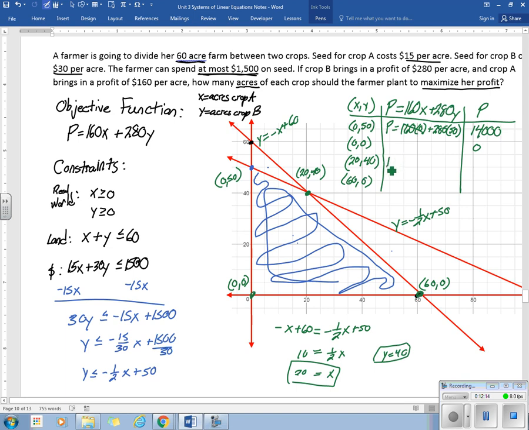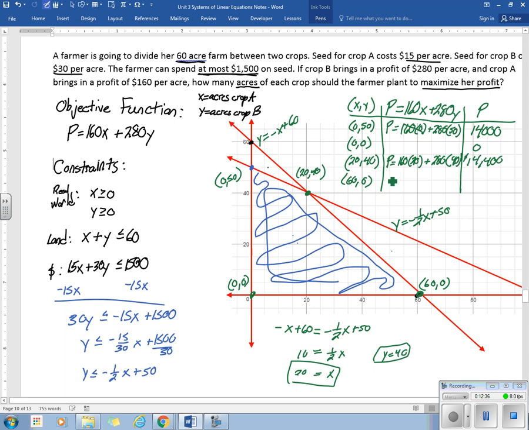So let's go ahead and skip down to the next one. At 20, 40, it'd be 160 times 20 plus 280 times 40. And if we plug that in, we get $14,400. So we got a little higher profit there. That's kind of nice. And then what about 60, 0?